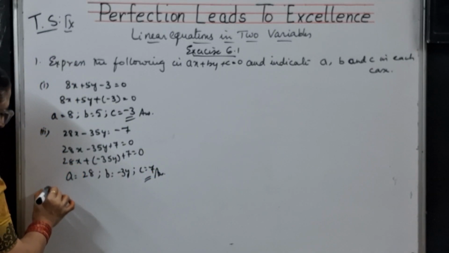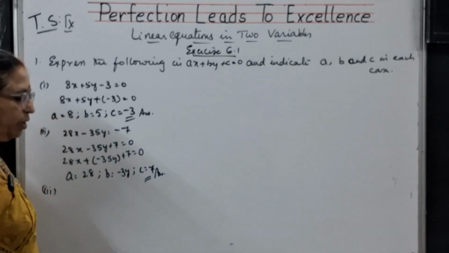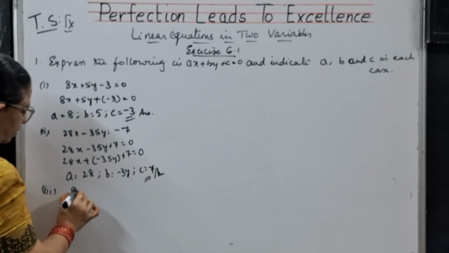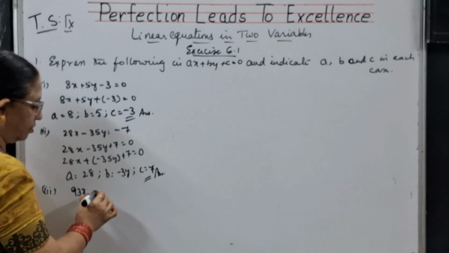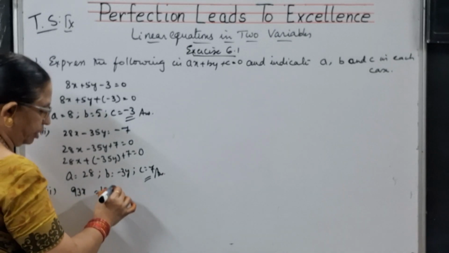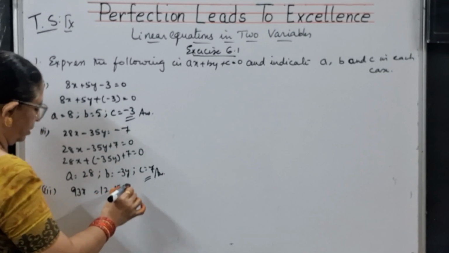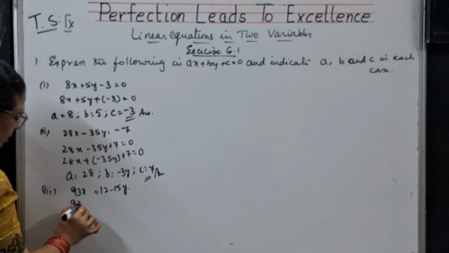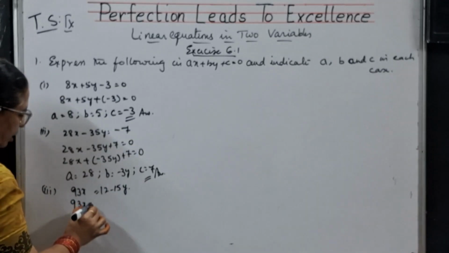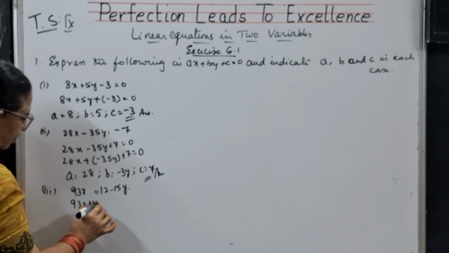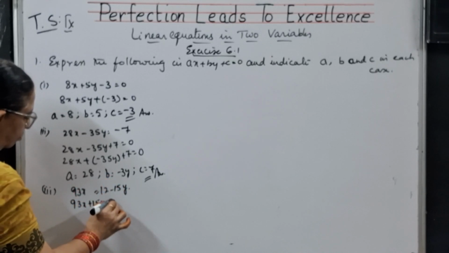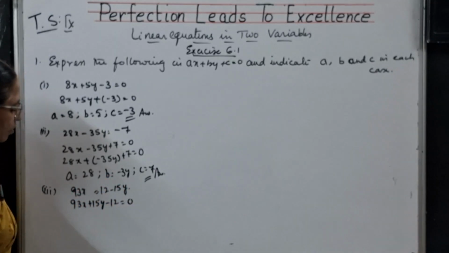Now let us see the third bit. What is the third bit? 93x is equal to 12 minus 15y. That means 93x plus 15y minus 12 is equal to 0, when 15y comes here.